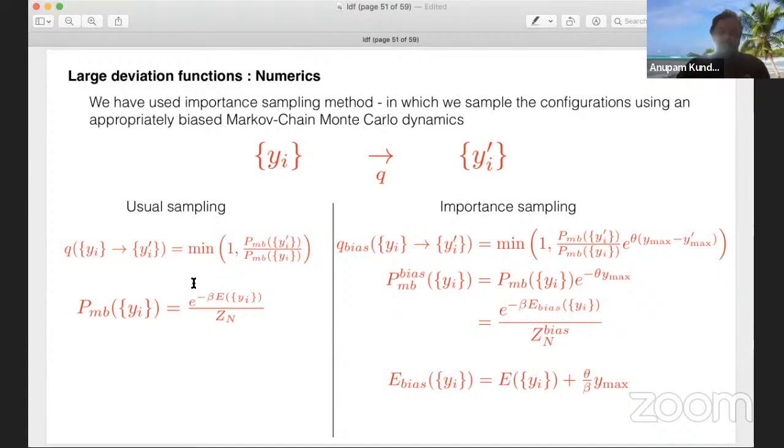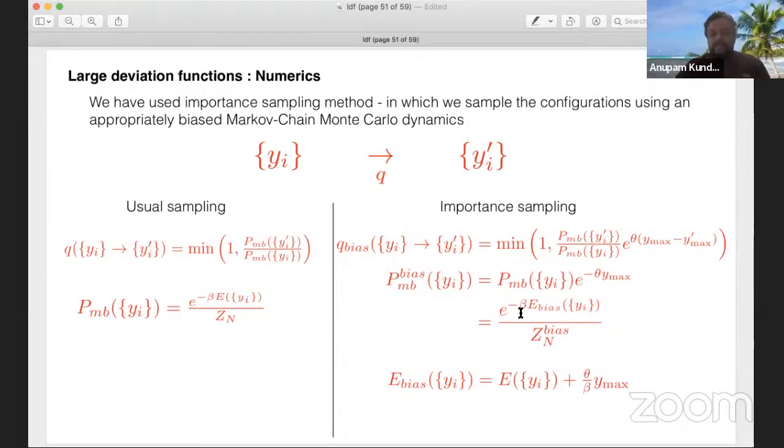But as I said, with this method, we can only generate probabilities of order 10 to the -10. If I want to generate probability of order 10 to the -100, we need to bias, and the biasing is done by adding some chemical potential terms to the energy, where theta is an extra parameter, a chemical potential. And that's how you can generate.